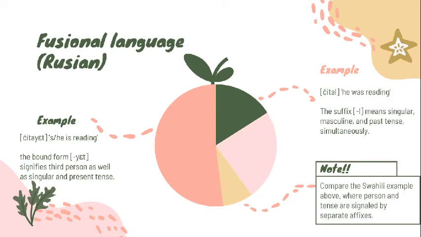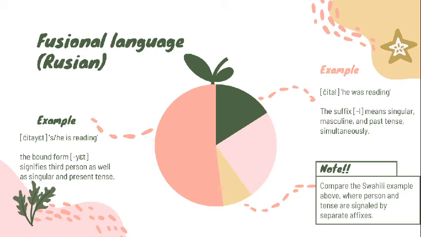Let's have a look at the example below. Читает, she or he is reading. The bound form signifies third person as well as singular and present tense. The second example is читал, he was reading.